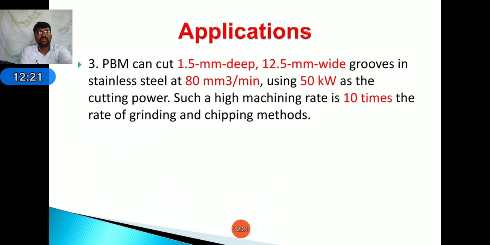Okay, next, PAM can cut 1.5 deep and 12.5 wide grooves in stainless steel at 80 cubic millimeters per minute, using 50 kilowatts as the cutting power, a high machining rate that is 10 times greater than the rate of grinding and chipping methods.